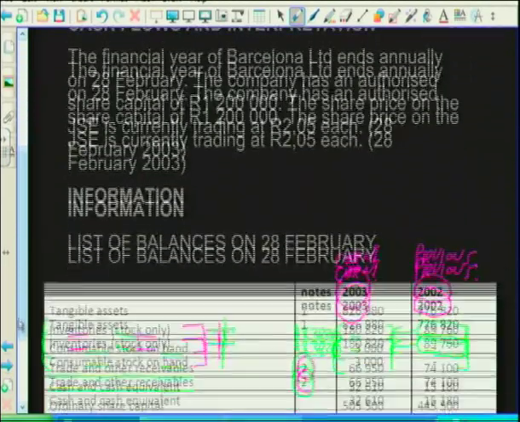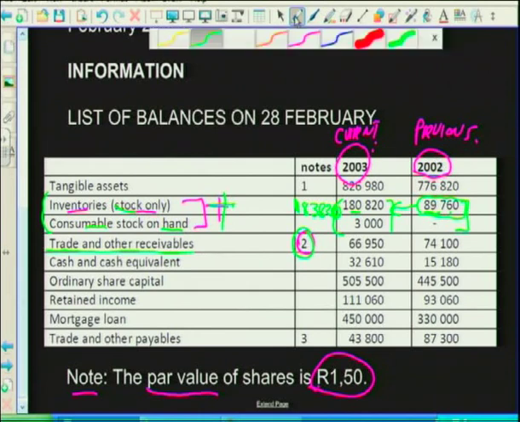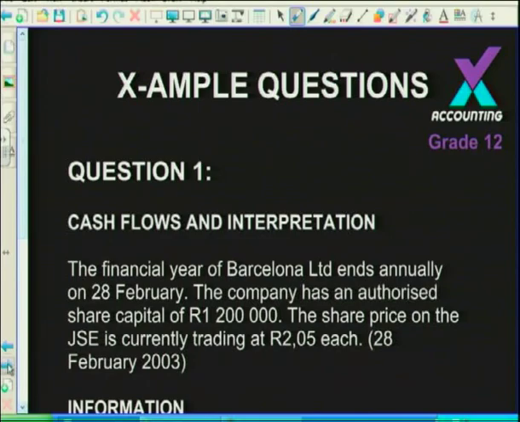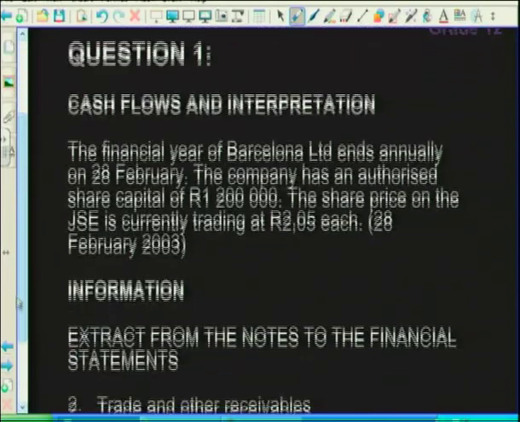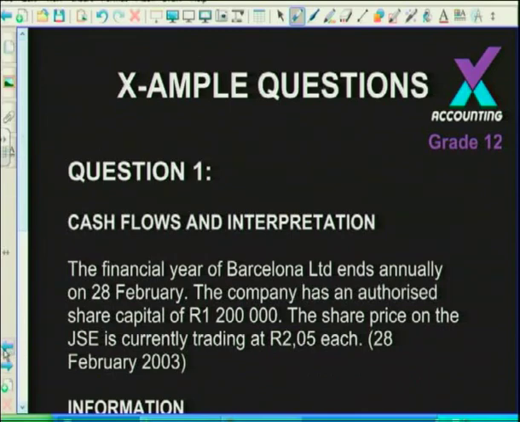So there's that balance sheet, trade and other receivables. So from 2003, I'm going to just write it at the bottom here so it's much clearer. Let's change the color. So 66,950 is our trade and other receivables, but we now need to subtract that SARS income tax amount of 15,540.